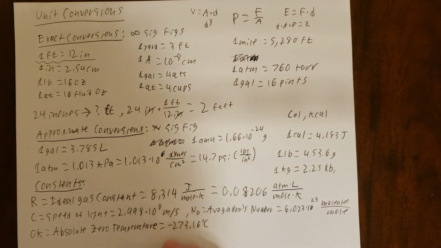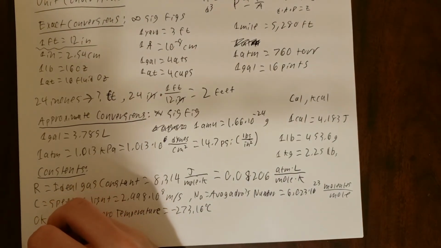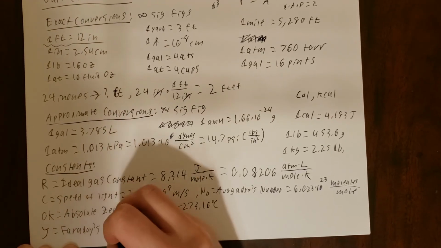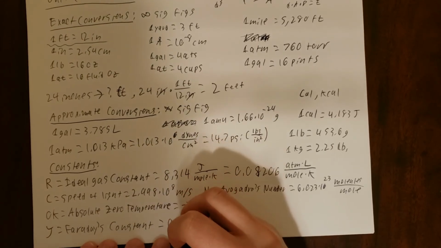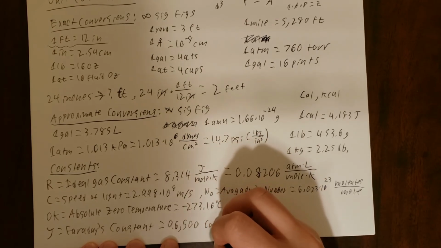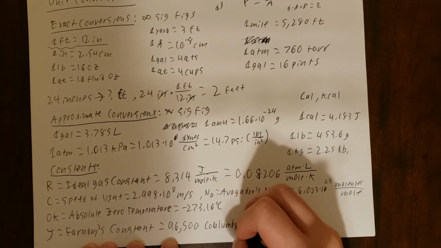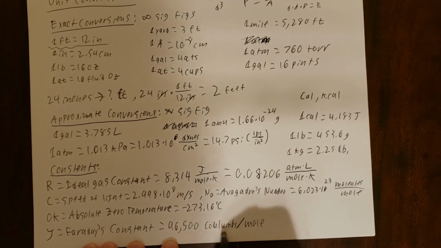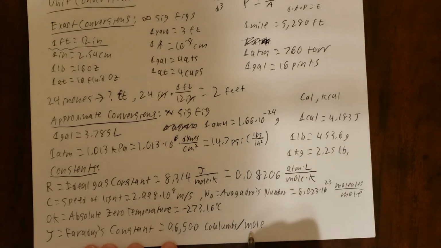And finally, we have Faraday's constant, which is 96,500 coulombs per mole. Coulombs is a unit of charge, so this is charge per mole.